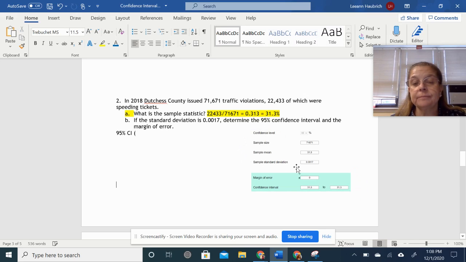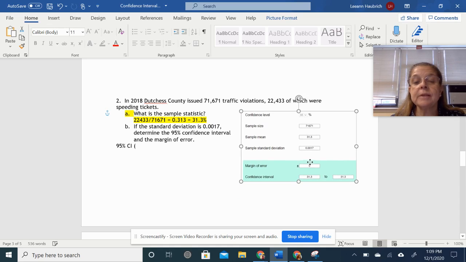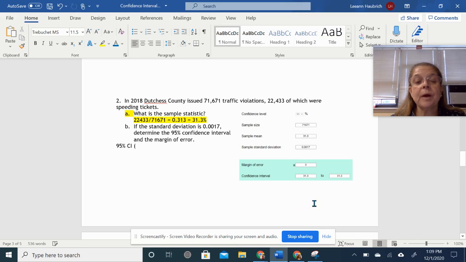This actually included every single ticket for the year. So it was the population. Therefore, everything's going to come out exactly to the 31.3. I thought it would be interesting for you to see what would happen if I did use the population. So we get a 0 margin of error because I used the population of every single traffic violation that was given out that year and how many were speeding.